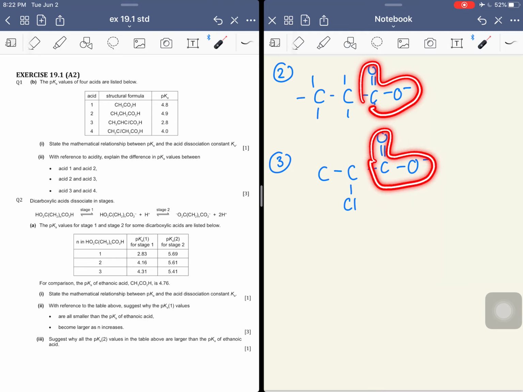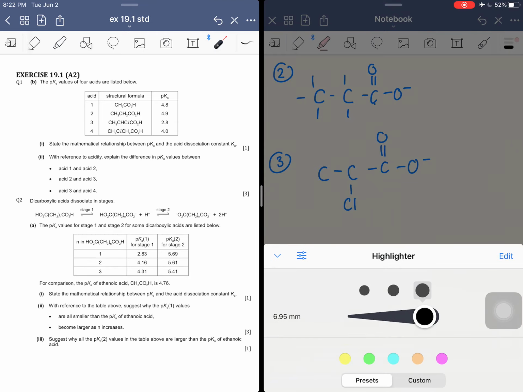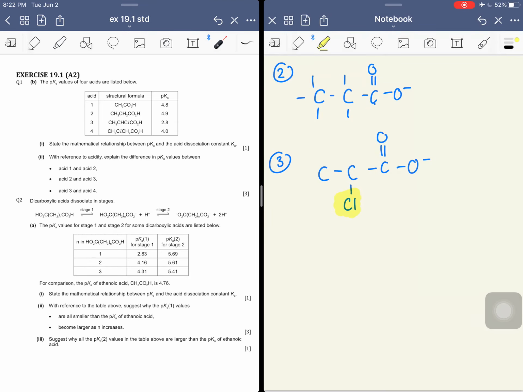Both of them are a COO minus anion. The only difference between these two is the chlorine atom on the second carbon. Okay, there is no chlorine atom in your propanoate ion above, which is number 2. Okay, ion number 2 has no chlorine. Ion number 3, there is chlorine.